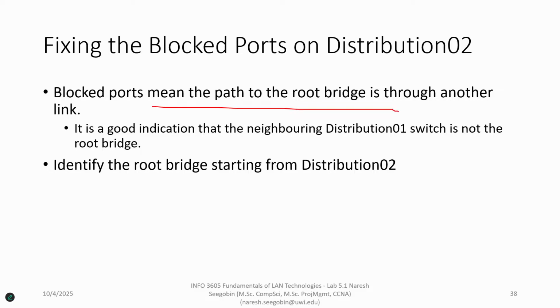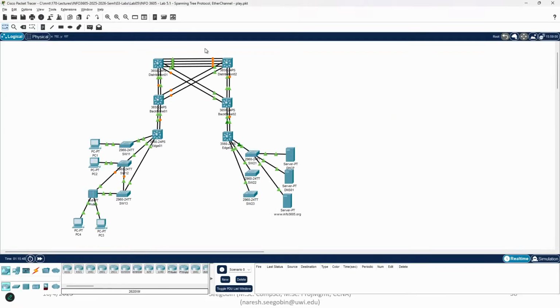A blocked port means we have a root port to another link. It indicates that the neighbor distribution switch 01 is not the root bridge. Maybe because it's supposed to be root port and forwarding. This guy should have been a forwarding port. If it's root port, it should have been in a green state. So therefore, something is up.